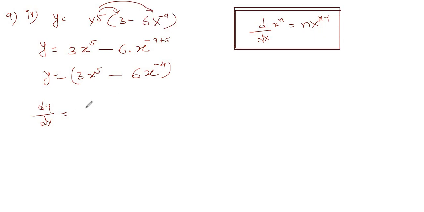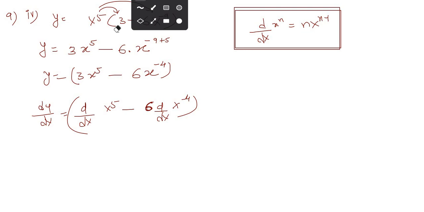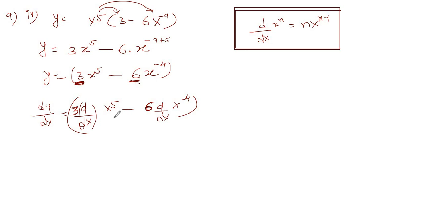So d by dx of 3x to the power 5 minus 6 d by dx of x raised to power minus 4. I'm just taking 6 out. Here also, if you want, you can take 3 out, because whatever the constant coefficients, let's say 3 and 6, they are always taken out of this sign, correct?